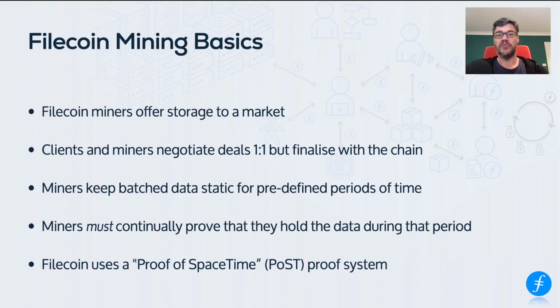They are responsible for proving to the chain that they still have the data they had when they froze it up. Now it uses a proof system called proof of space-time. So this is different to proof of work that is found in classic blockchains. Proof of space-time is proof that you are offering the space of storage over a period of time.